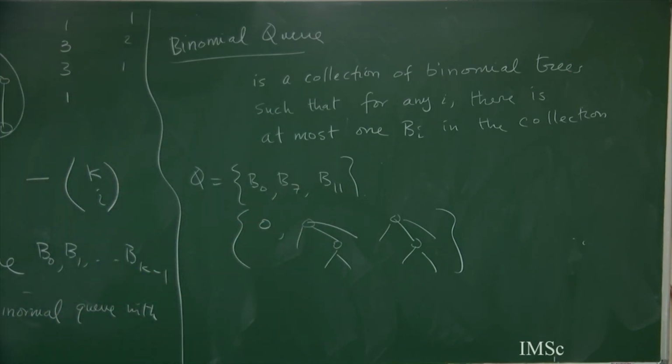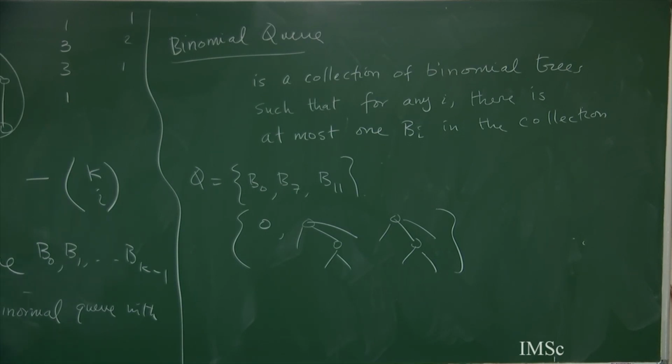Why is that and how? So, how will you get this? Take n, write it in binary, and wherever there is a 1 in position i, pick that Bi and add it into the queue. Then that is the binomial queue with a total of n nodes, and it is unique because for any n there is a unique binary representation.